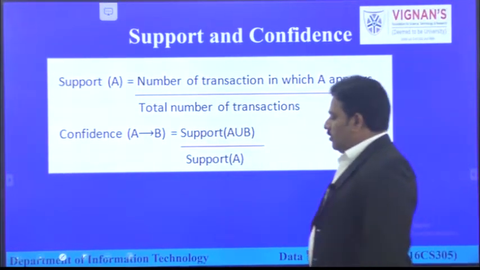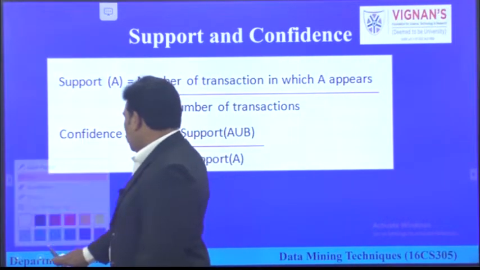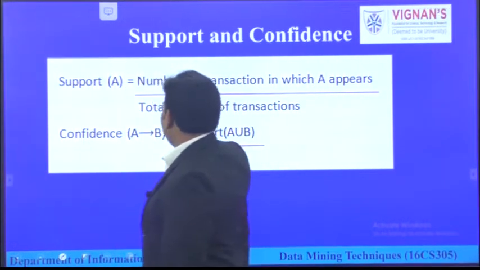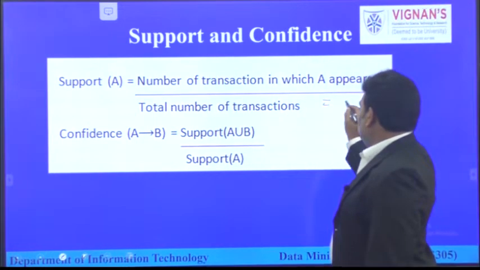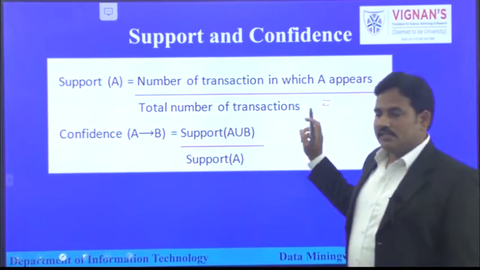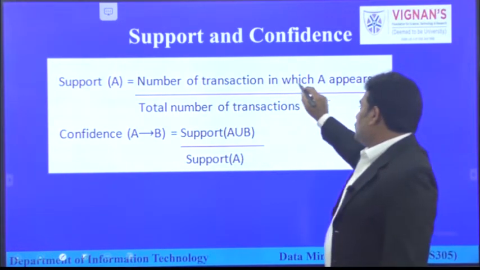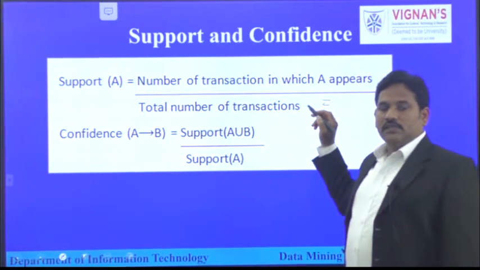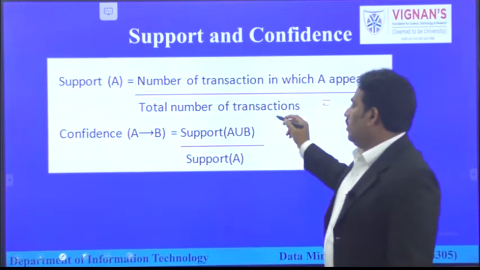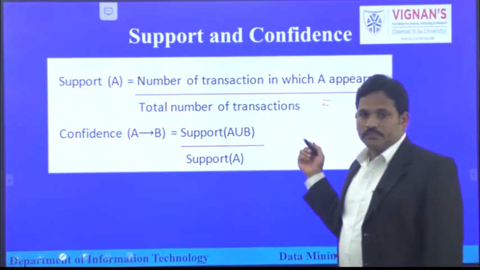Here we have a simplified formula for both confidence and support. Support is the information which already existed: the number of transactions in which A appears divided by the total number of transactions.